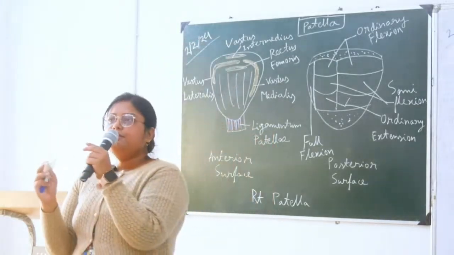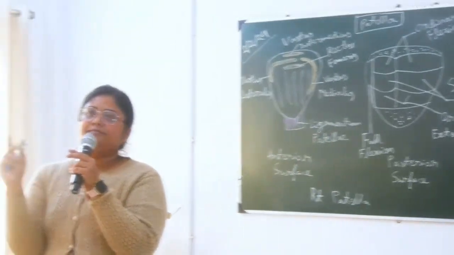Now how will you determine the side of the patella? That is very, very important. The apex is directed downward, the base is upward, and the articular surface is posteriorly placed. So above and below is determined by the apex, which is downward.